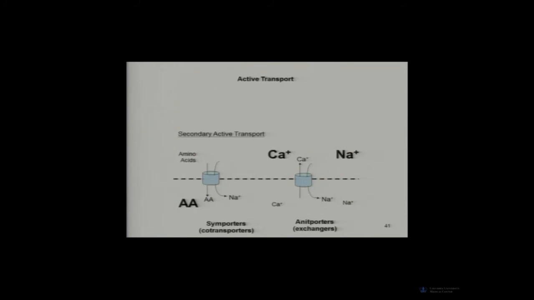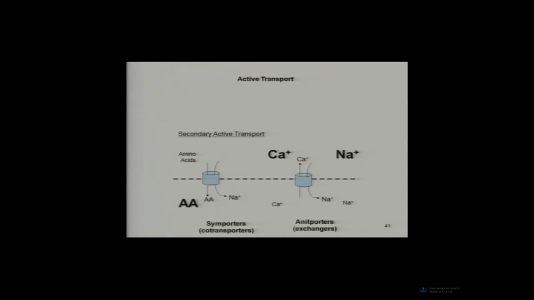Secondary active transport is using energy, but it's not energy in the form of ATP. Okay? Secondary active transport is using the energy that is stored in the concentration gradients, predominantly the ion concentration gradients across the membrane.